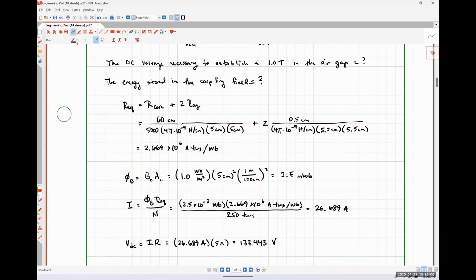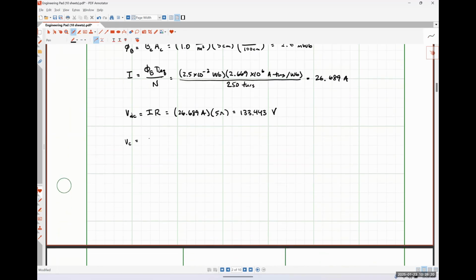So it's literally going to be this guy right here multiplied by those two guys right there, because these guys represent the area of the core, right? So volume is going to be 60 centimeters times 5 centimeters squared, and this is going to come out to be 1,500 cubic centimeters.